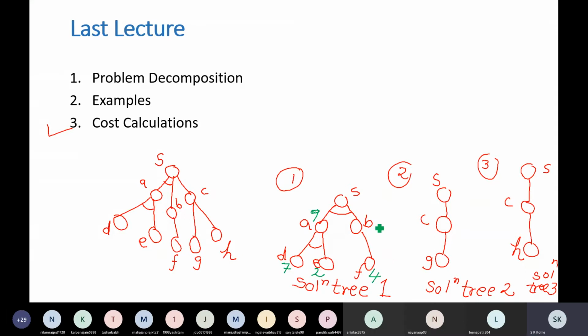So cost associated with B will change. Some other cost might be there with B, earlier cost. So that will change to 4 because this is OR. So cost associated with S will be then 13. Right. So now what does this mean? If you take this particular solution tree, cost required will be 13.